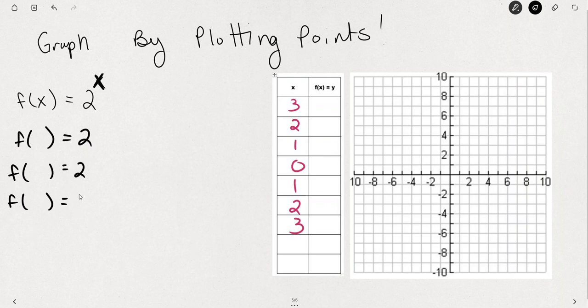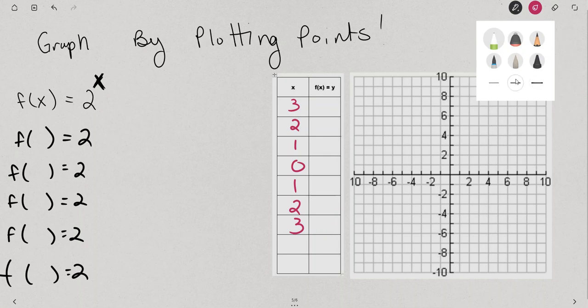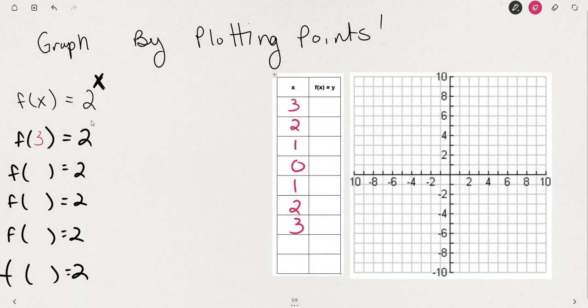So f of 3 means 2 cubed, which is 8. F of 2 means 2 squared, because I replace this x with 2. So I get 4. F of 1 means 2 to the 1, or 2.